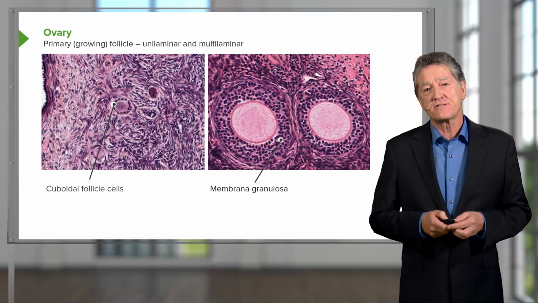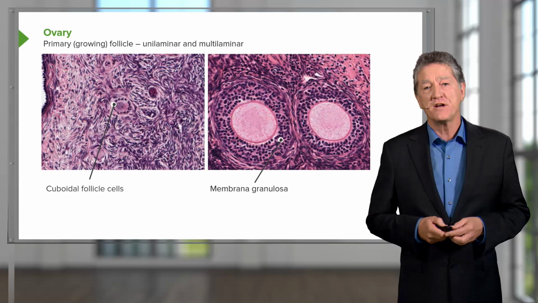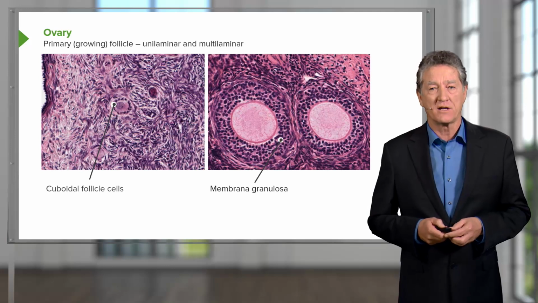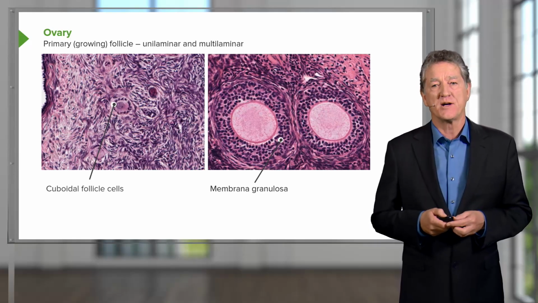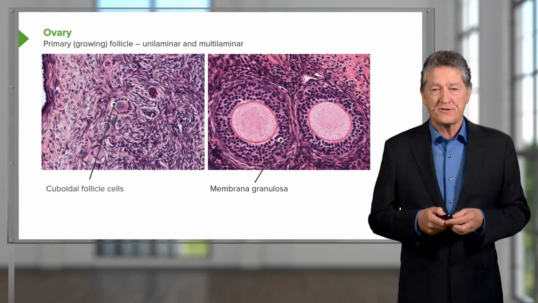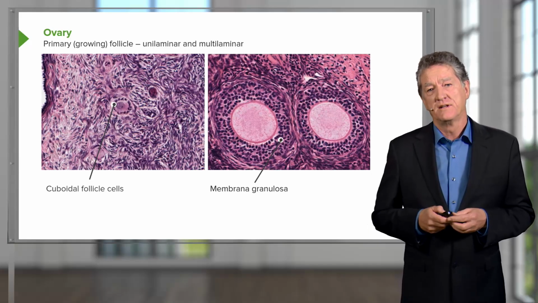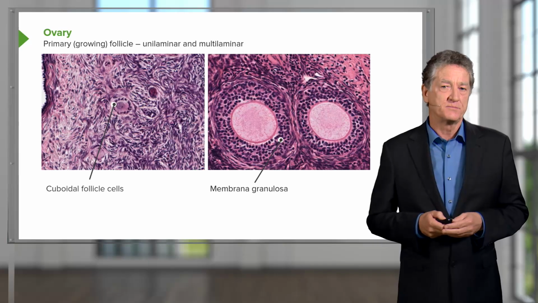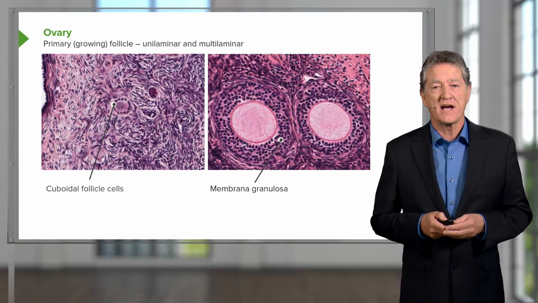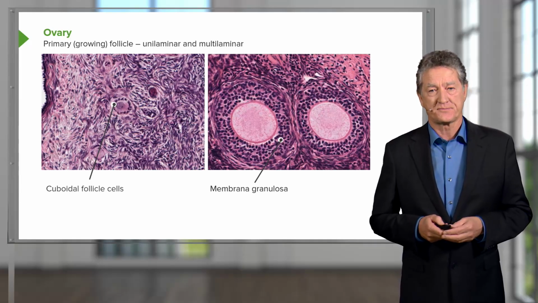Those androgens pass across the basal lamina separating the membrana granulosa from the thecal layers, and are then used by the granulosa cells to make estrogens, because they don't have the enzymes to produce estrogens from the very precursor products. So there is this combination between the theca interna and the granulosa layers, one providing androgens and the other using those to convert androgens to estrogens.